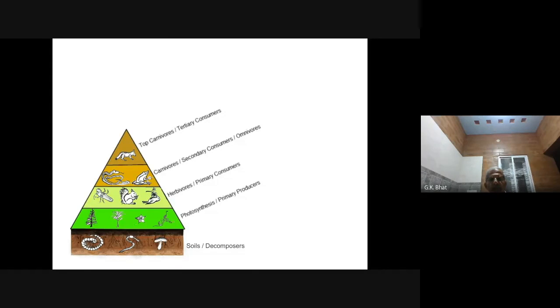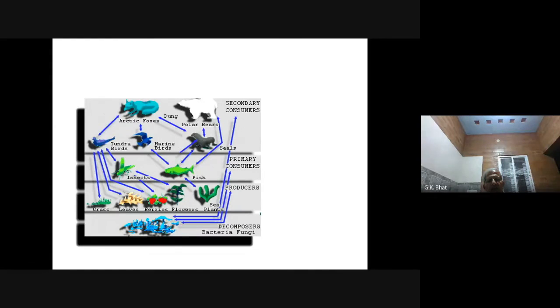Soil. These are the primary producers. Herbivores, primary consumer; carnivores, secondary consumer; and top carnivores, tertiary consumer. You can see here different food chains interconnected form a food web.